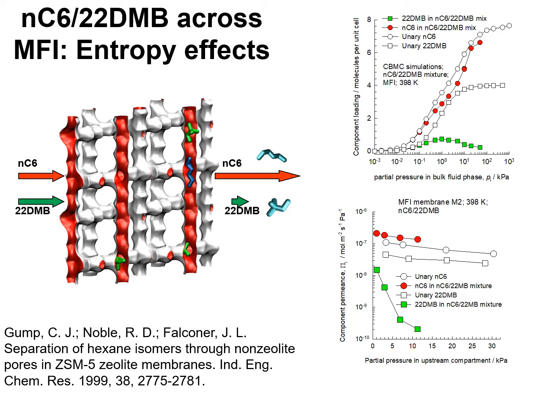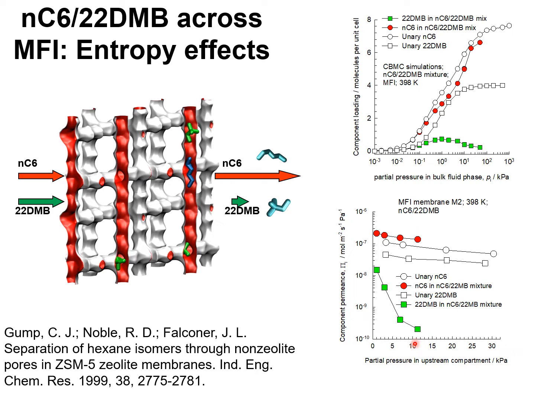Entropy effects also play an important role for permeation of mixtures of normal hexane and 2,2-dimethylbutane across an MFI membrane. Here I show experimental data for the component permeances of NC6 and 2,2-DMB. The filled symbols are for mixture permeation and the open symbols are for unary permeance.